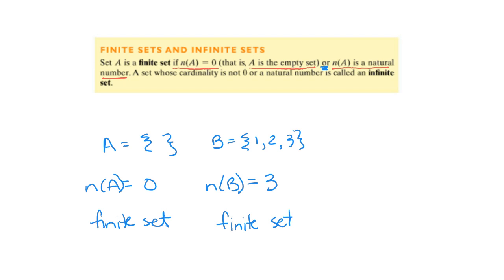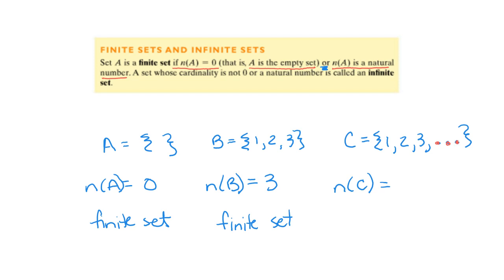Let me give you one more example. If I gave you set C is equal to, and let's just say the set of natural numbers. All right, and I asked you to find the cardinality of C, we wouldn't be able to find it because the cardinality is not 0 and it's not a natural number. There are too many elements for us to count. And with this ellipsis over here, that's indicating that it goes on forever.